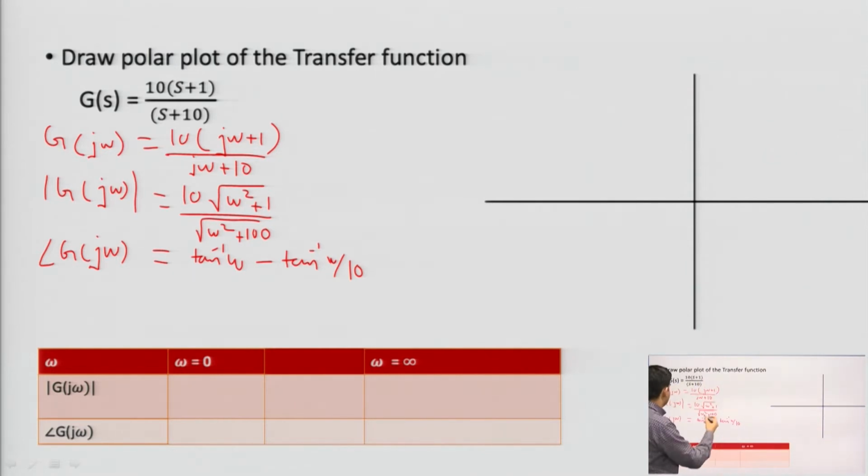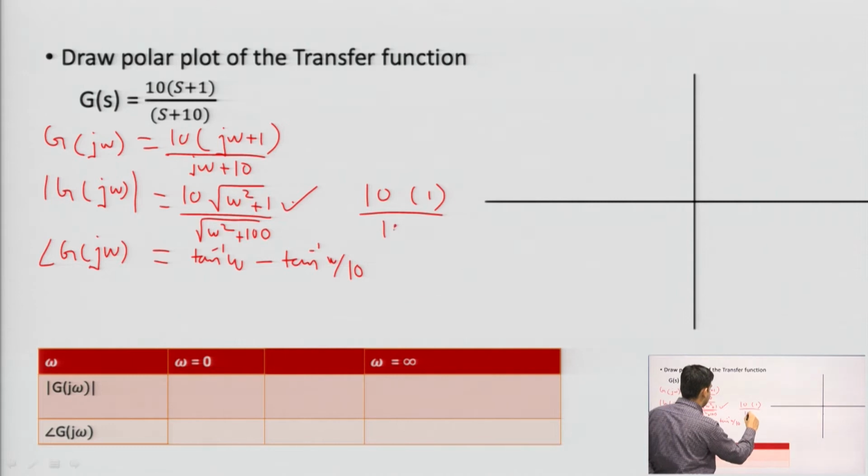First I will deal with magnitude. When you put omega equal to 0 in this expression, what would be the magnitude? You will find directly it is 10 times 1 divided by under root 100, which is 10, so it is equivalent to 1. So, at omega equal to 0 my magnitude is 1.